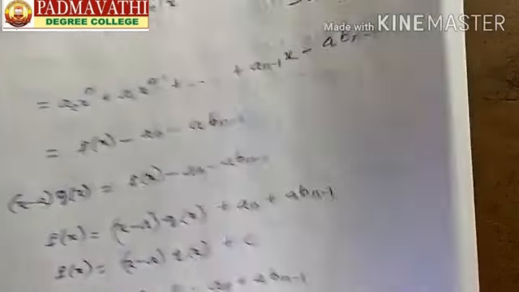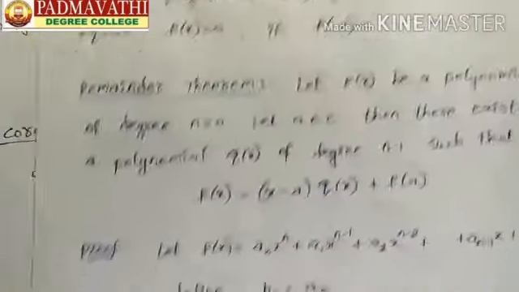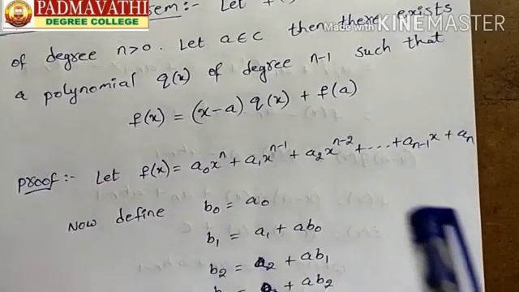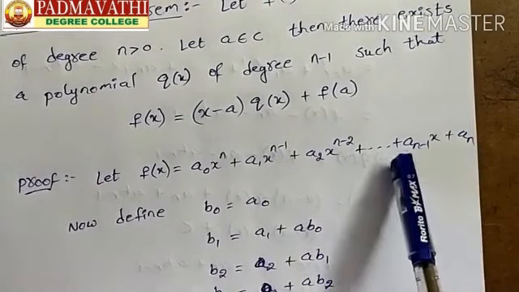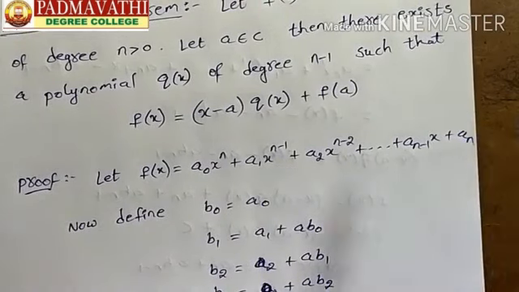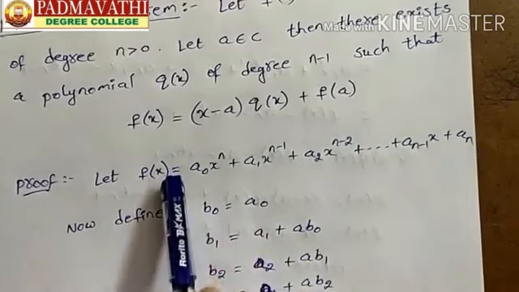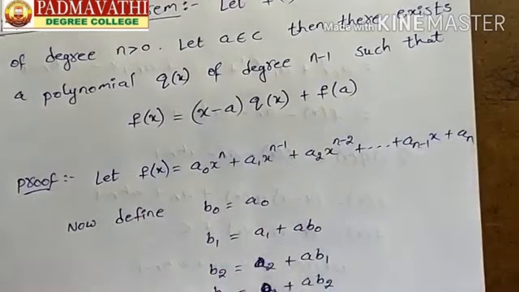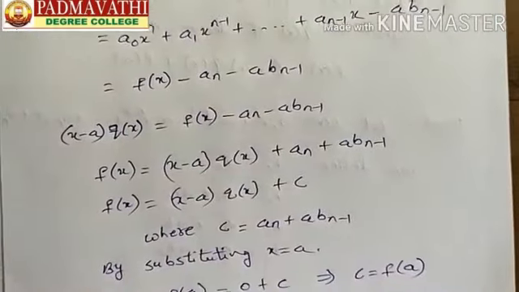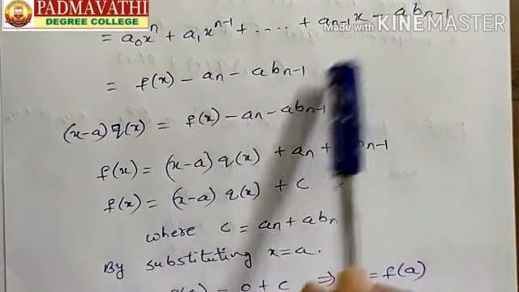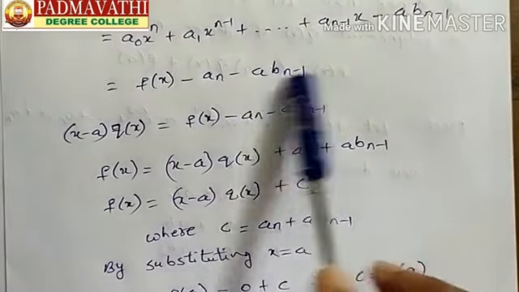Because here we are taking the expression f of x as a0 x power n plus a1 x power n minus 1 plus and so on, an minus 1 into x plus an. Up to this term it is there. This an term we are bringing to this side, f of x minus an. So that value we replaced here, f of x minus an minus abn minus 1.